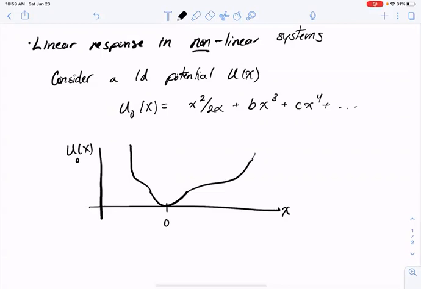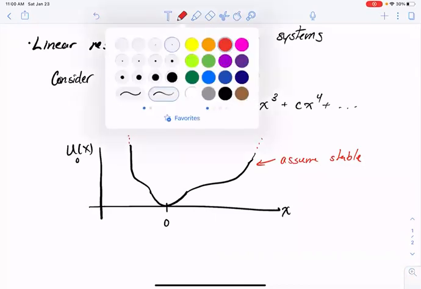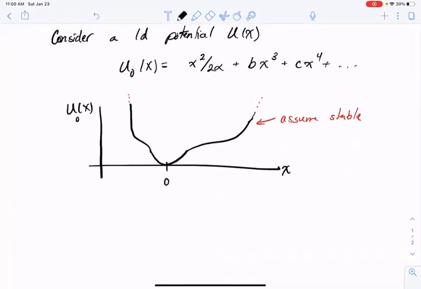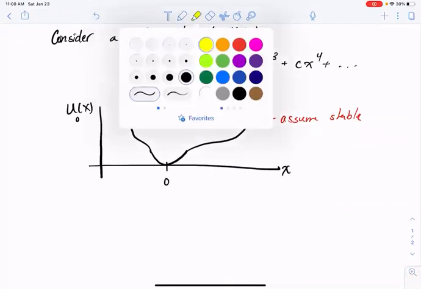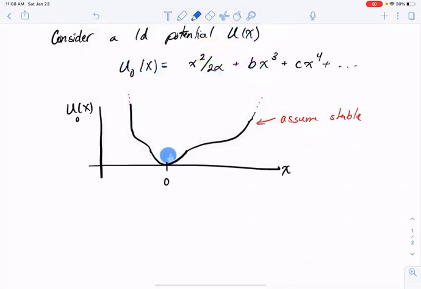We are imagining that the potential is stable, such that the potential increases as x ultimately gets much larger or smaller than 0, such that it would support bound states, for example. So that's the system. If you wanted something a little more concrete, imagine you have a little particle that moves around in that potential.